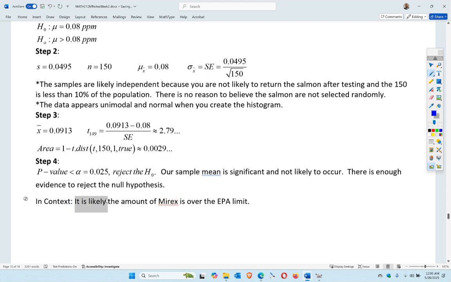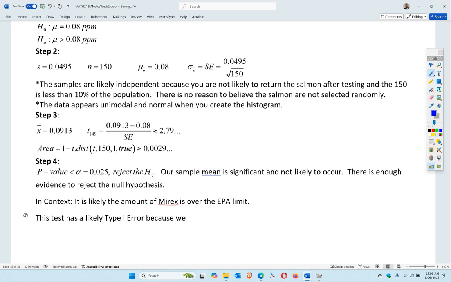And I put likely because, again, you never know for sure, because this test has a likely type 1 error.